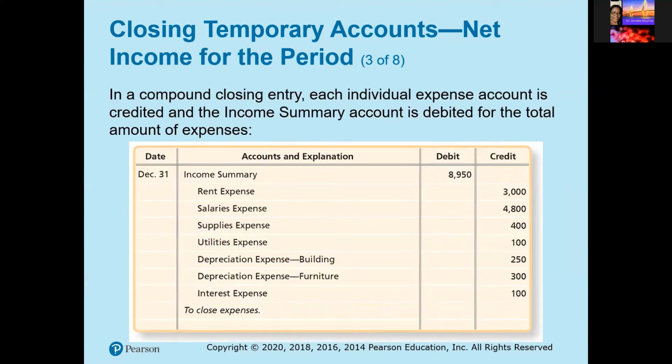We prepare a closing entry for expenses by crediting each expense account and making a debit entry to income summary for the amount of the total expense balances.